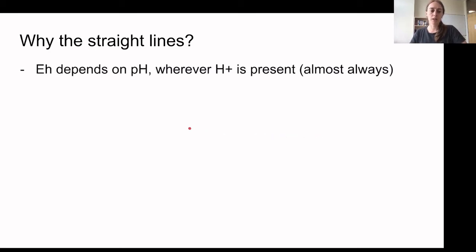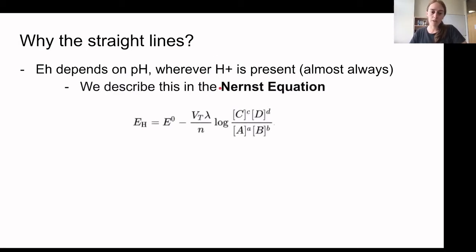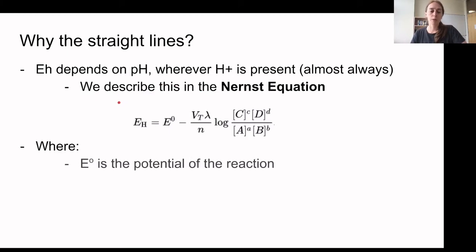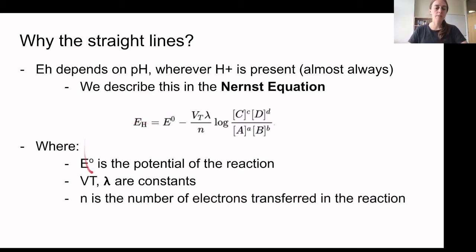So why do we have straight lines on here? Well, EH depends on pH. Again, remember this is true wherever our hydrogen ions are present, which is almost every location. We describe and calculate these diagrams using the Nernst equation. The different components of the Nernst equation: we calculate EH using E naught, which is the potential of the reaction.